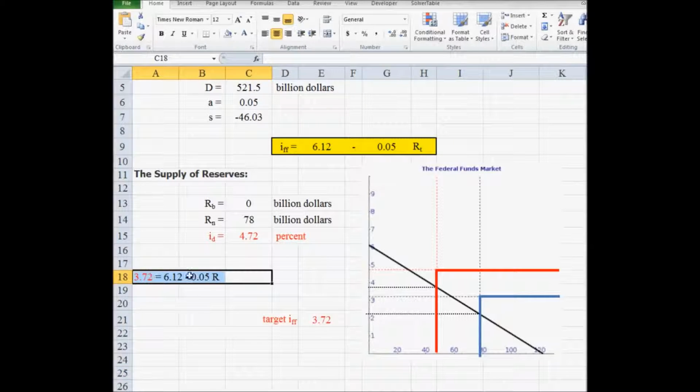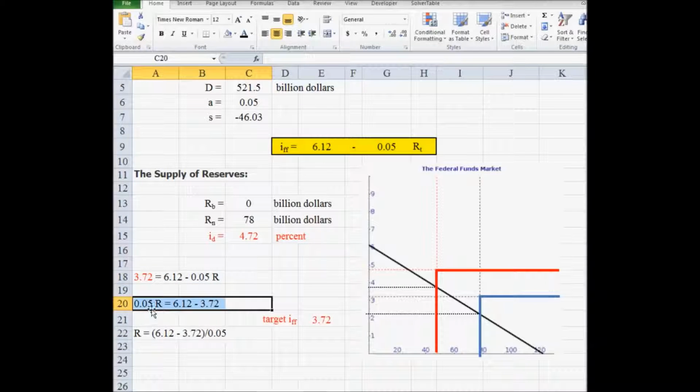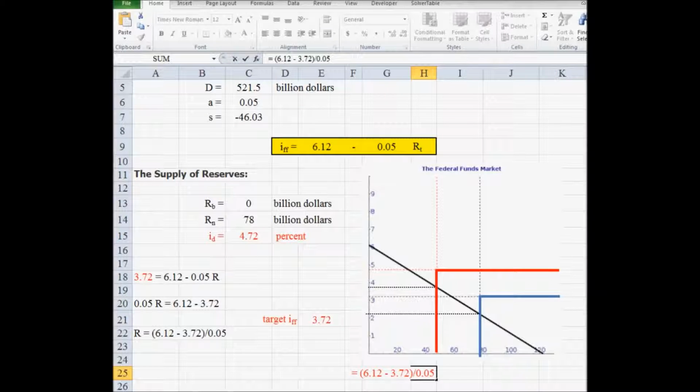I got the initial demand curve set equal to the new target of 3.72 here. Then I subtract 3.72 from both sides of the equation, add 0.05R to both sides, and then divide both sides by 0.05. So the new equilibrium quantity of reserves is equal to 6.12 minus 3.72, divided by 0.05. So the equilibrium quantity of reserves is now $48 billion.